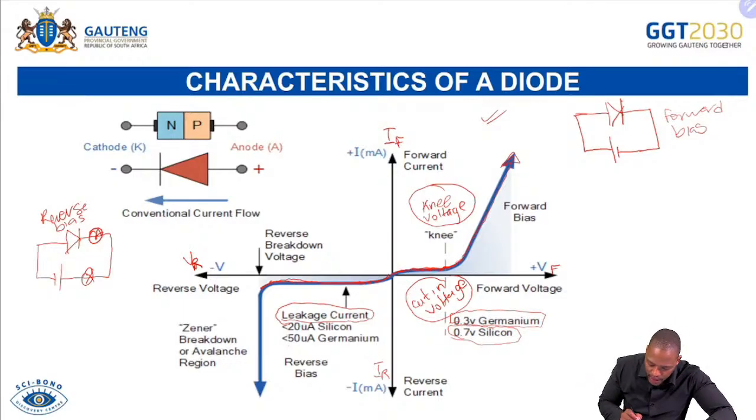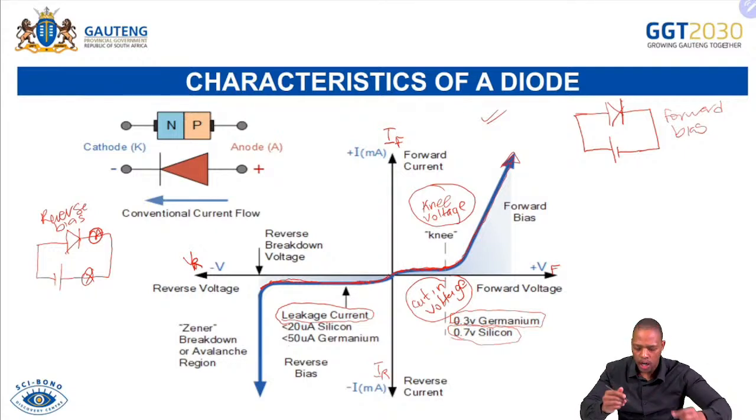Then this happens if you continue increasing the voltage across this diode. This current will continue being constant and small until you reach this point. What is this point? This is when you have used too much voltage across the diode.